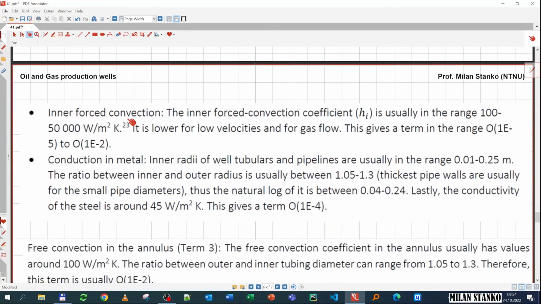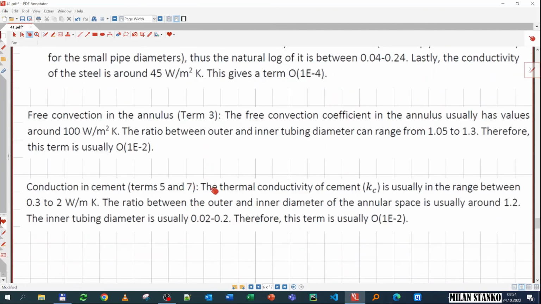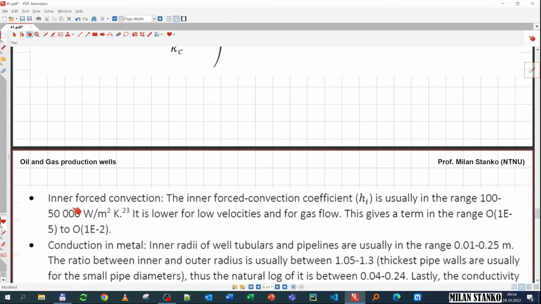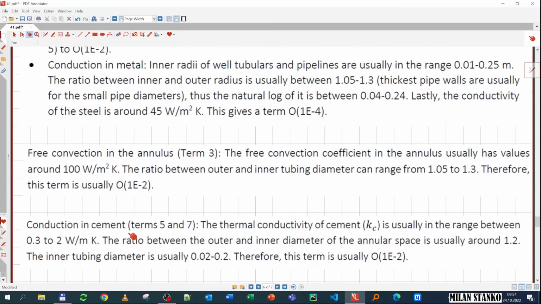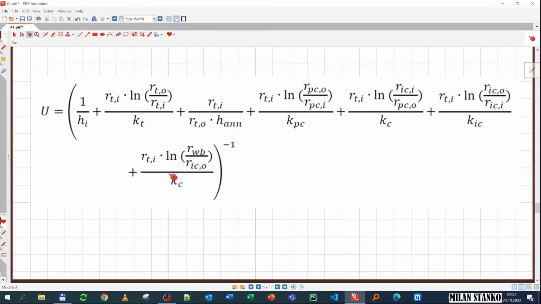But now if we look at the conduction in the cement, because the K is different, instead of being 45 it is 0.3 to 2, then this conduction in the cement term is 10 to the minus 2. So it's actually two orders of magnitude bigger than this term. And then the free convection in the annulus also depends on H, which is small, can be 100, at the lower end of the forced convection coefficient, and this can also be quite big compared to the rest.